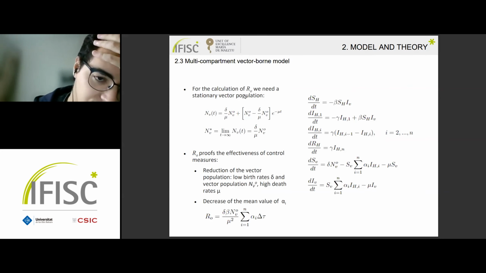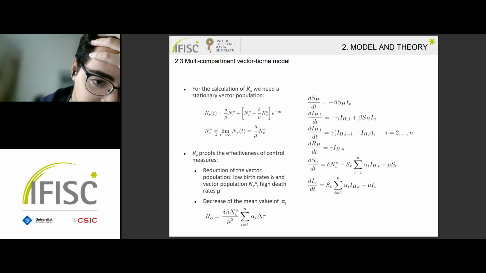For the calculation of the reproduction number, we will need to use the next generation matrix. And for that, we need a stationary vector population. If you need to know why, you can ask me for more details later. This is the dependence of the vector population on time.